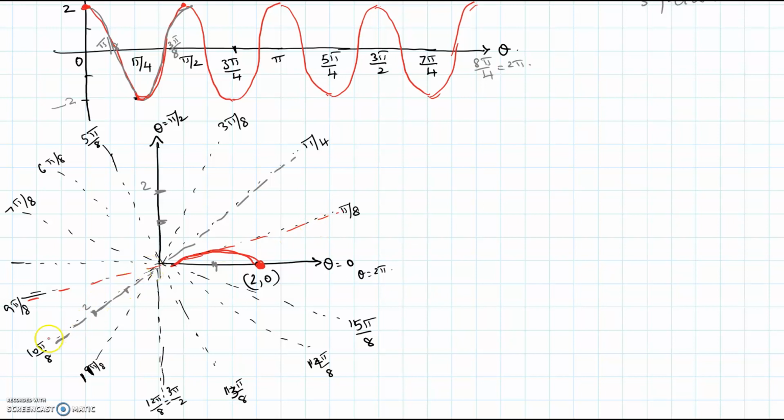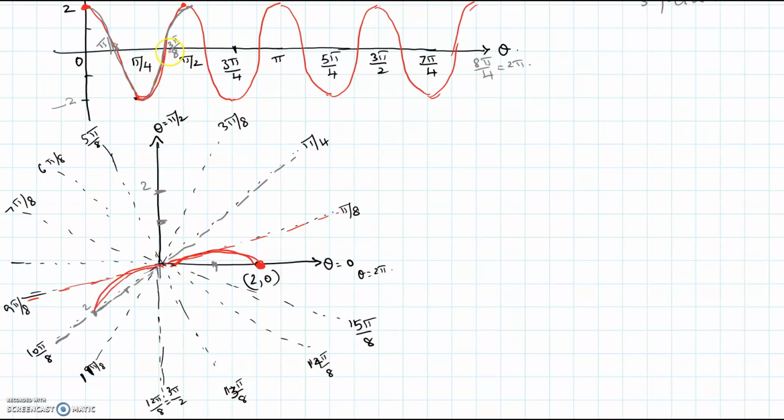So at pi by 8, the opposite side is the 9 pi by 8 part. Then at pi by 4, the graph is at negative 2, so it comes to 2 in the negative direction, and it takes up that part.